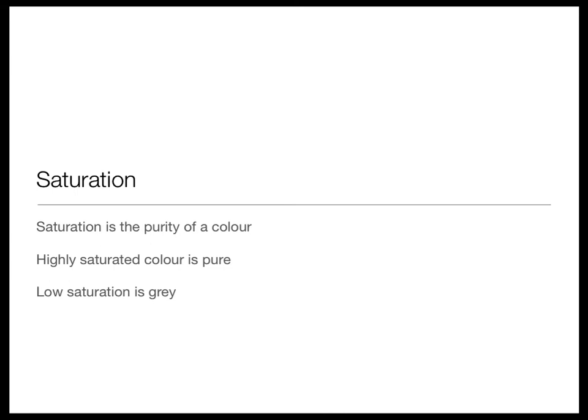A highly saturated color is really, really pure, and very low saturation is a pale color. No saturation turns out to be grey. It's like the chairs in this room, that blue is very highly saturated blue, whereas the top of the bin there is less saturated. Okay?